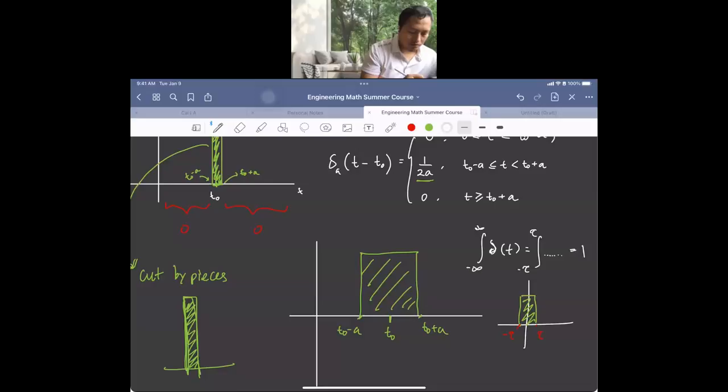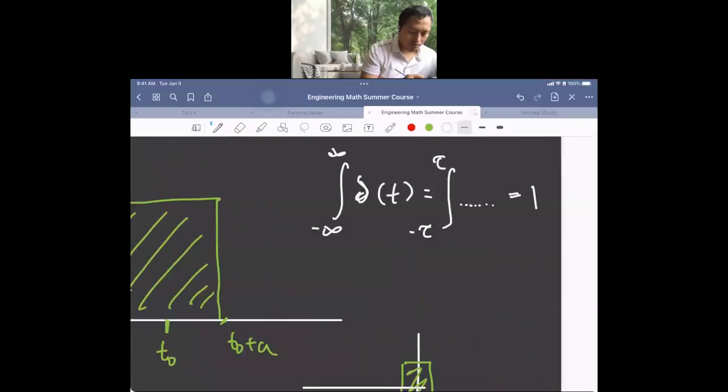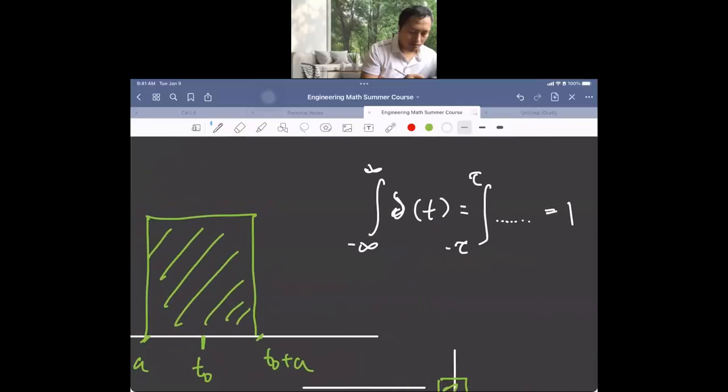If it is just a constant, we need to multiply with something so that when we integrate with respect to t, we get the result 1.